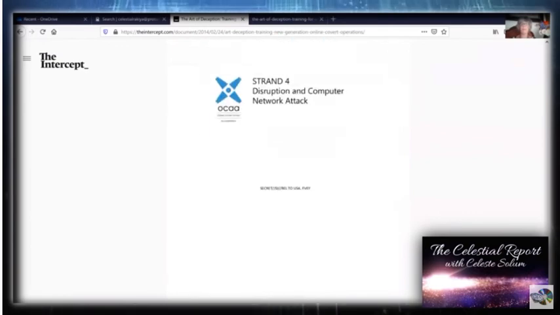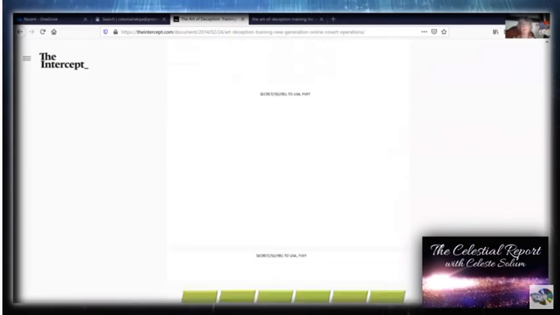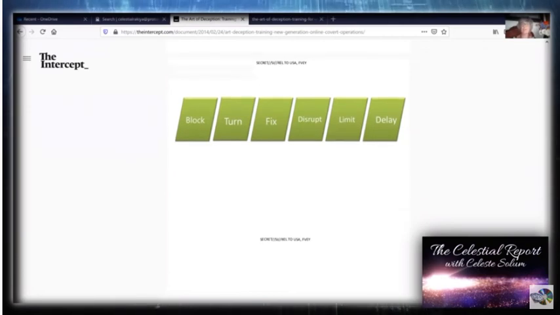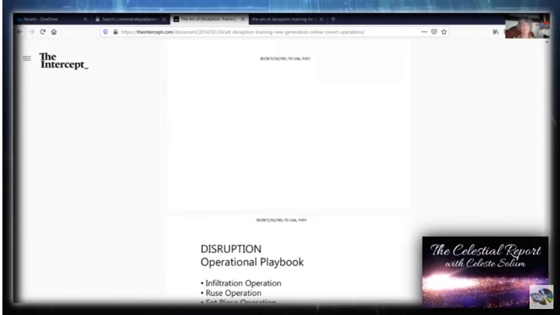So then there's the disruption and computer network attack. How many of you have turned on your computer, found it was blocked, or disrupted to some degree, limited, delayed, very frustrating.